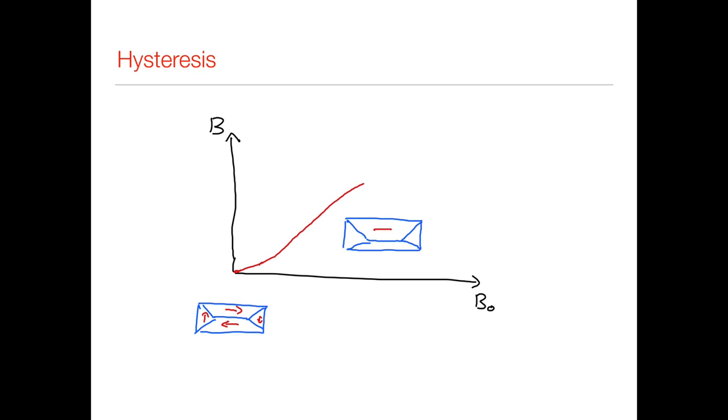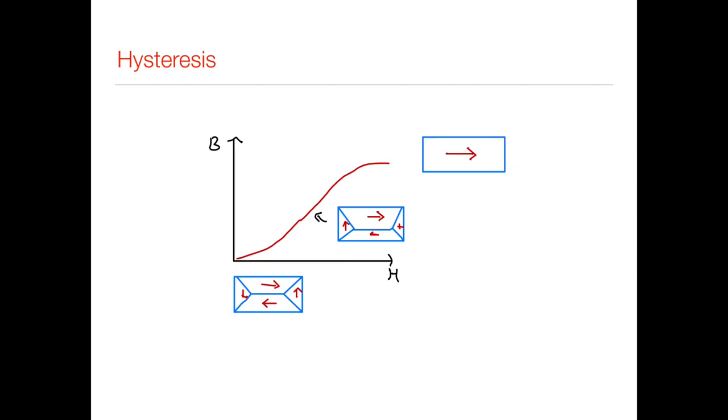So now this sample has a magnetization. And potentially, if I keep increasing the field, this will saturate, and I'm going to find that my material has become a single domain.